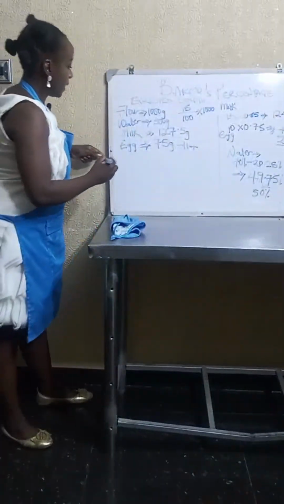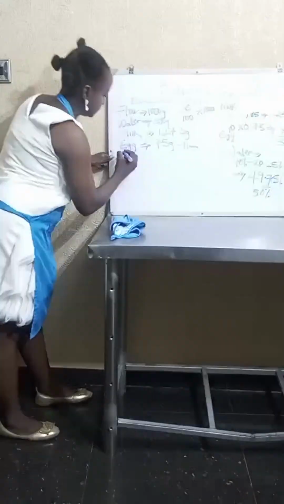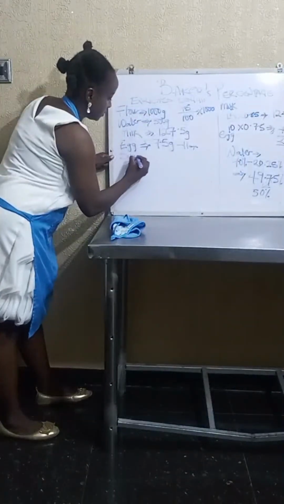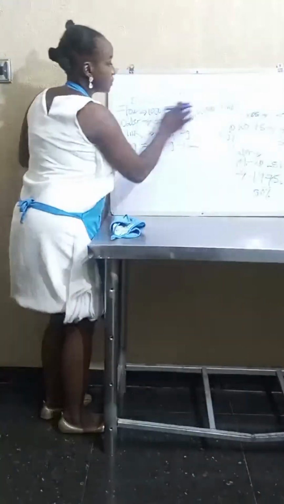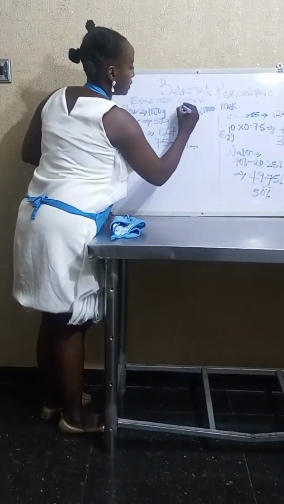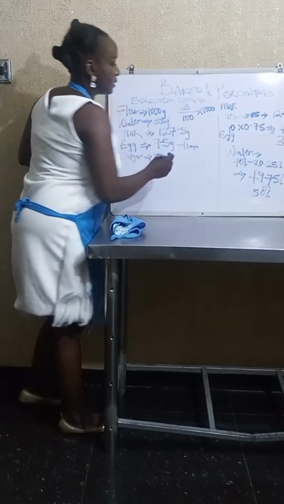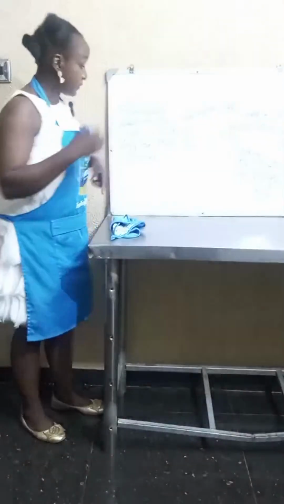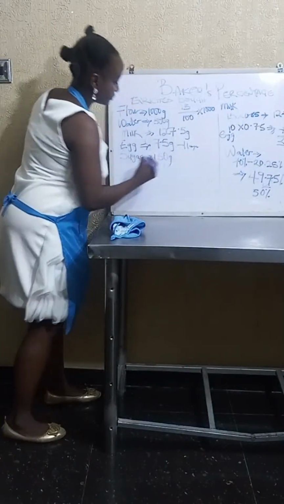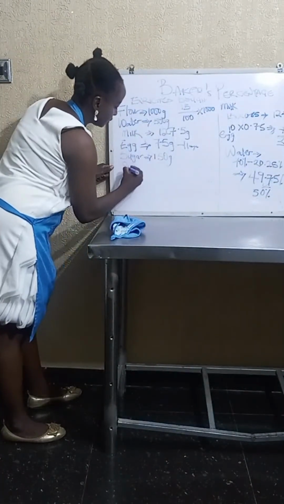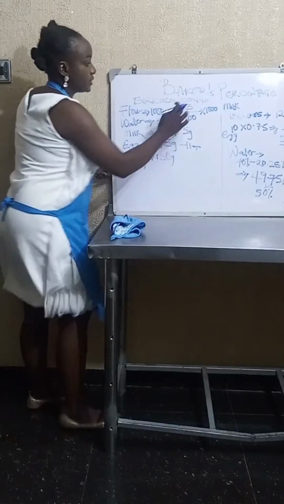So let's keep moving. Now, sugar. 15% works for sugar. So 15 divided by 100 times 1,000 gives us 150 grams of sugar. And then for our oil, oil is 8%. So let's write 8 here.